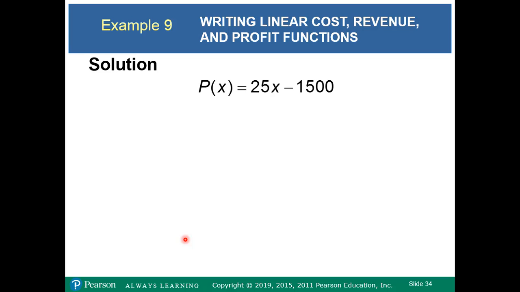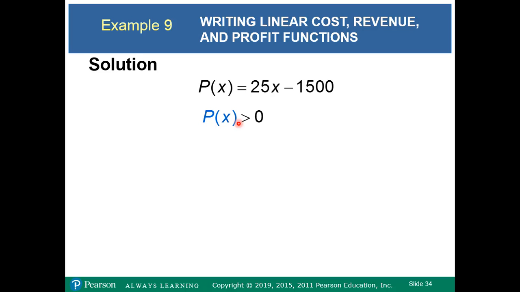So we start with the equation and set this equal to 0, or we can look at the inequality where profit is greater than 0. Either way will work. You can solve the inequality and be done.